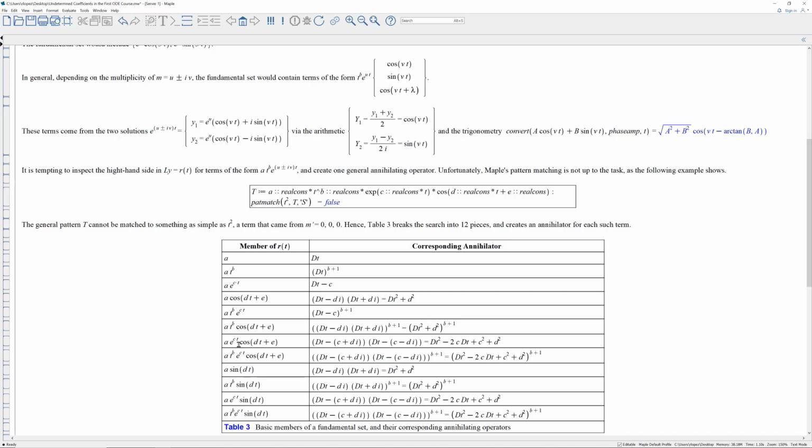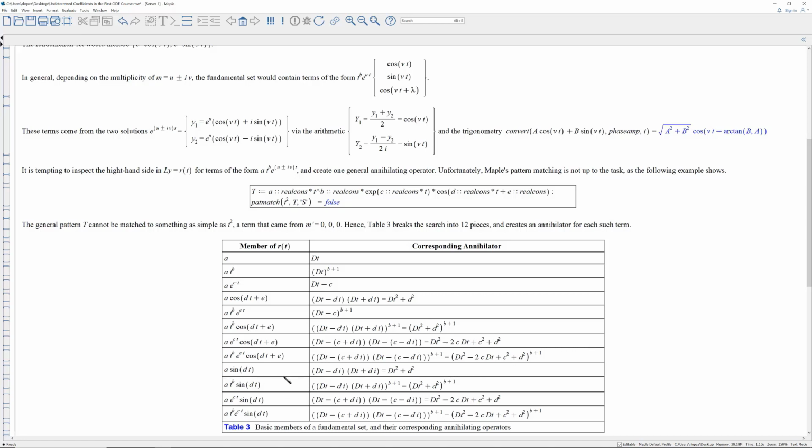If there's an e to the ct in front of this cosine, you're going to get d minus c plus di, d minus c minus di, which turns out to give you this operator, d squared minus 2c dt, which is the first derivative, and a constant. If there's a t to the b in front of this stuff, then you take all of that and raise it to the b plus 1.